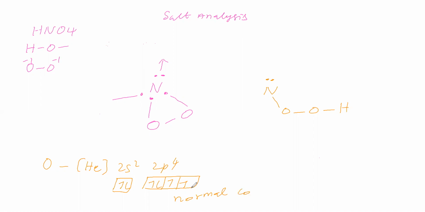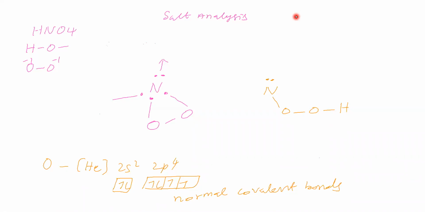Here for this oxygen, 1 normal bond, another normal bond, 2 bonds for each oxygen, because oxygen is having 2 unpaired electrons.